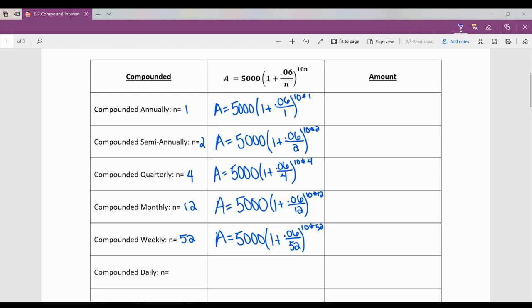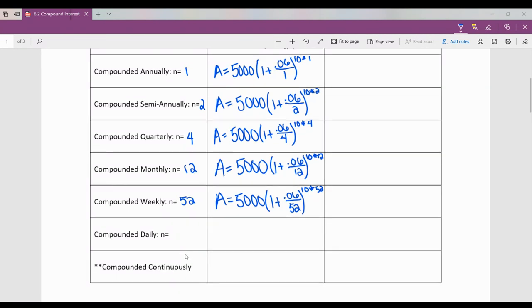All right, compounded daily. There are 365 days in a year. So A equals 5,000 times 1 plus 0.06 divided by 365, because that's my n for this, raised to the 10 times 365.